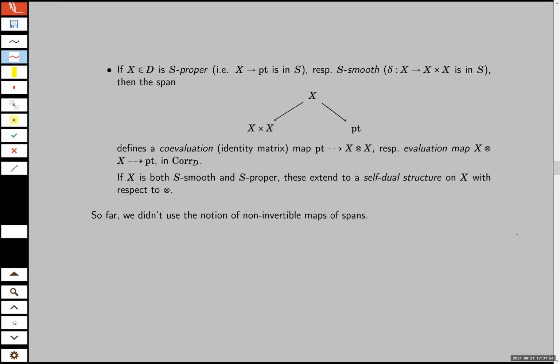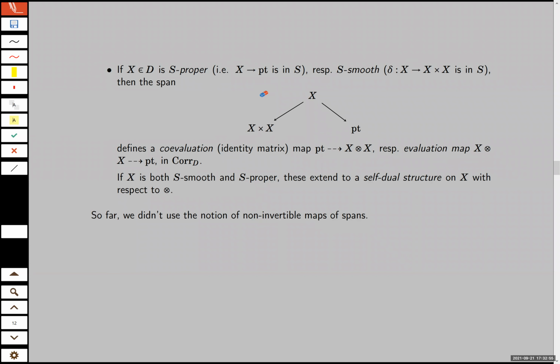If the diagonal or the projection to the point, the final object, is in S, then this span can be realized as a morphism in either direction from S. And these two maps together define a duality on X with itself. So you end up with a self-dual structure on X. And this evokes the situation where if you have a smooth and proper Calabi-Yau DG category, then you get a self-duality on that up to a shift, which is given by the dimension.